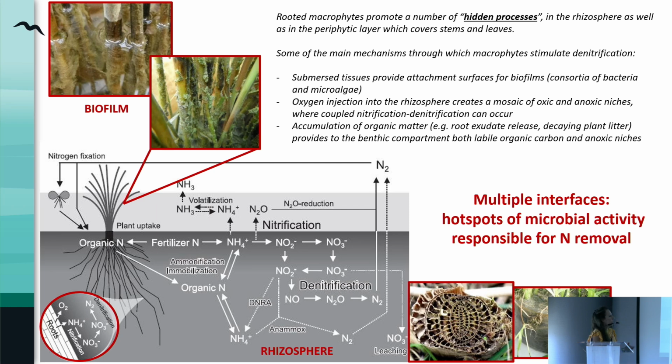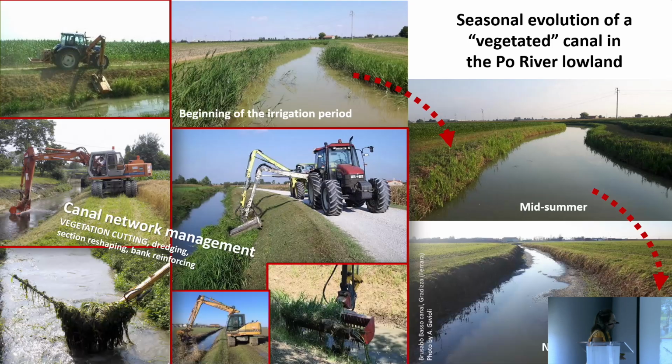For example, the submerged tissues provide attachment surfaces for biofilm development, and the oxygen injection into the rhizosphere creates a mosaic of interfaces of oxic and anoxic niches, where coupled processes such as nitrification and denitrification can occur: the oxidation of ammonium to nitrate, and then the reduction of nitrate to N2. Also, the accumulation of organic matter from root exudates or from decaying plant litter can provide substrates for denitrifiers, which are heterotrophic bacteria.